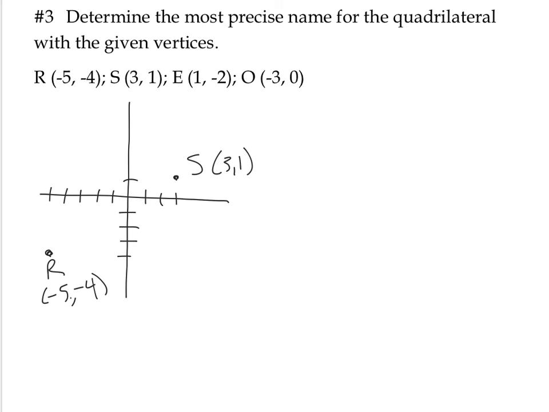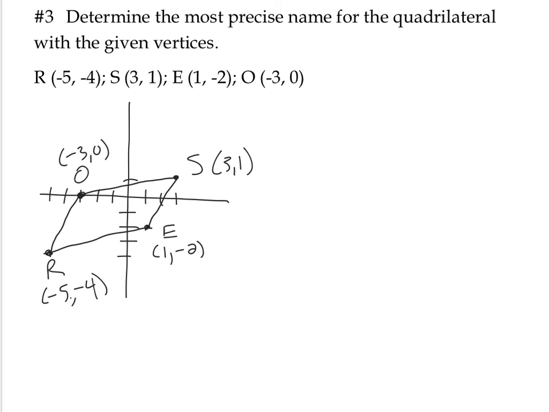All right, then we have point E at 1, -2, right there. And we have point O at -3, 0. And if we draw in the sides, okay, we've got a quadrilateral. We've got to figure out what might be going on here.